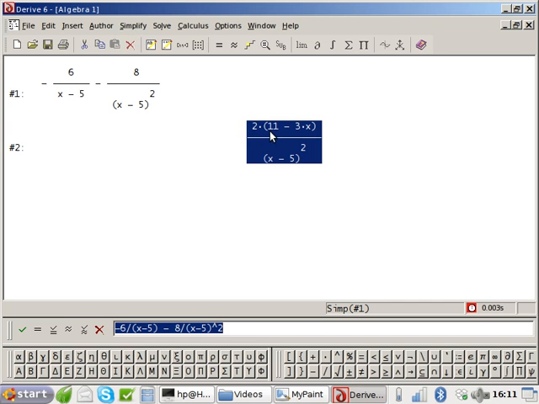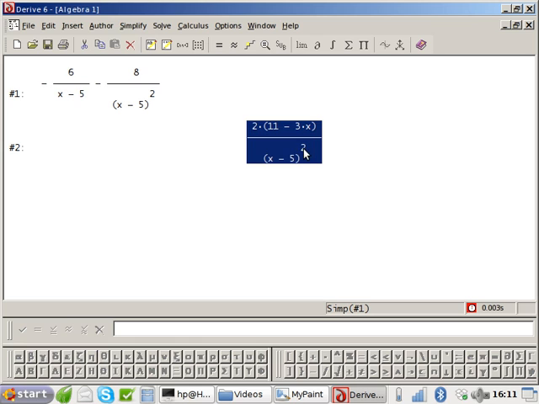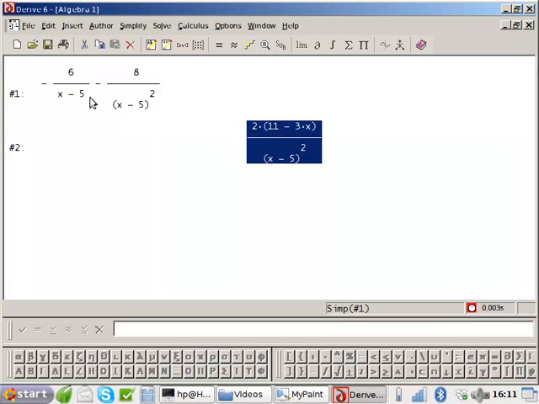What's 2 times 11? 22. And 2 times minus 3? Minus 6x, which is what I originally had in the question. So it's the same thing. They do add together to make this. If I add these together, I get this, which is the question.